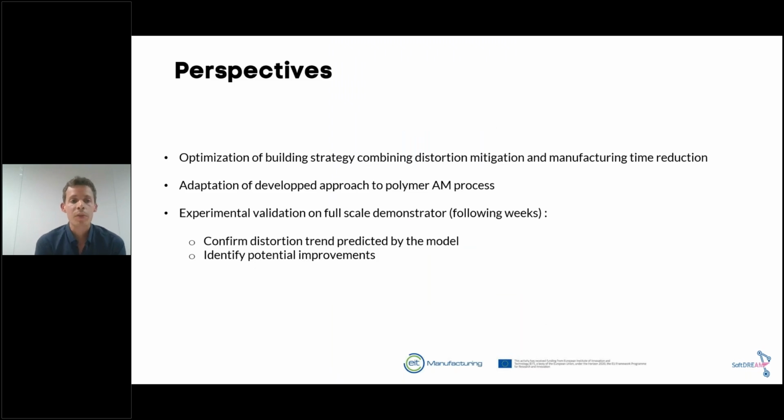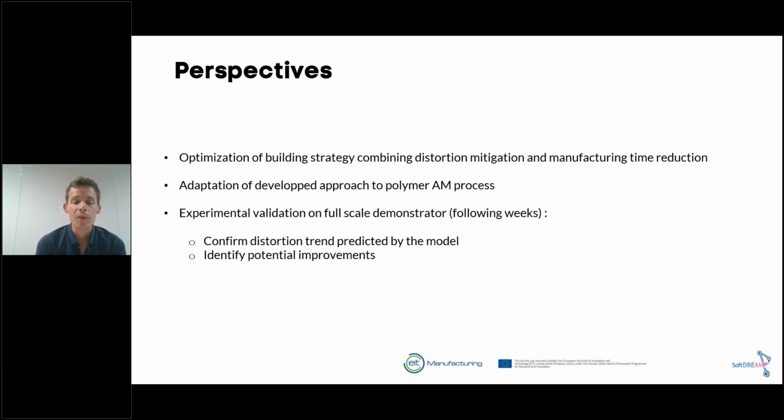The perspectives regarding this work are, as I already told, going further in the optimization of the building strategy and trying to combine the distortion aspects and the manufacturing time aspects, so trying also to reduce the manufacturing time as much as possible. The developed approach will be adapted to polymer additive manufacturing processes.